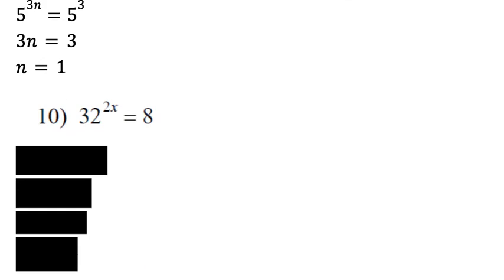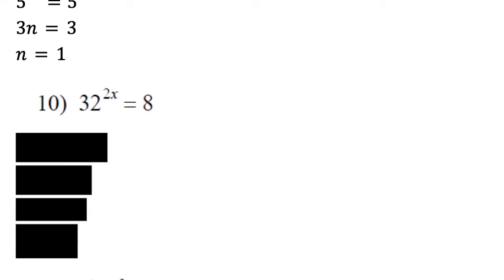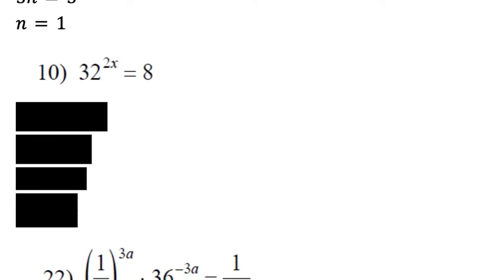Let's look at two more examples. All right, so we have 32 to the 2x equals 8. As I look at this, I can't really think of how to get 32 as a power of 8, right? 8 to the first is 8, 8 squared is 64. That's not going to be helpful.